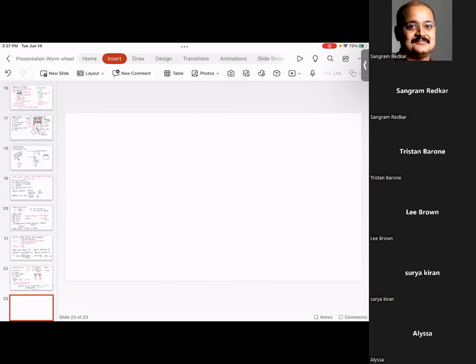And the next part is design of cylinder head.